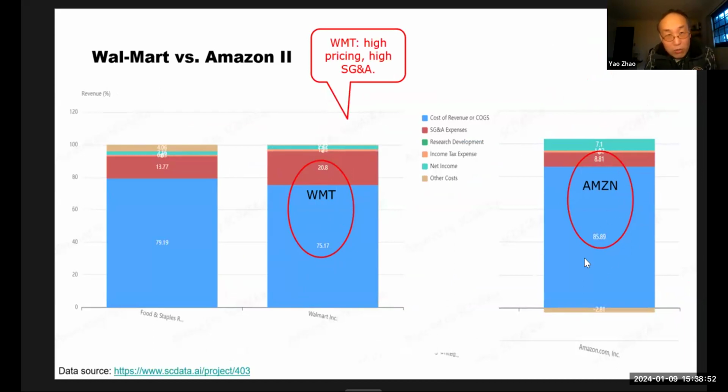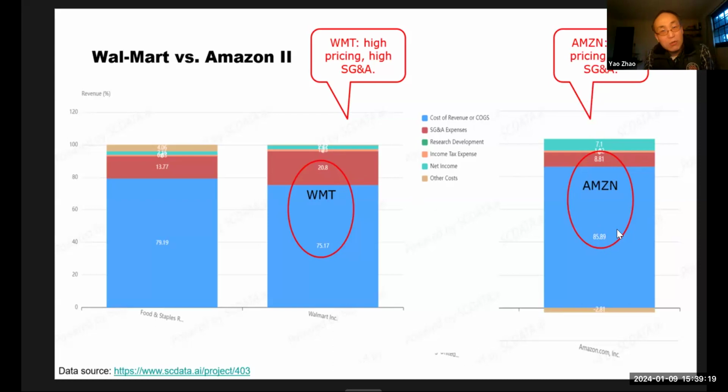The cost of goods sold accounts for about 85%, which means a much lower pricing, but it's operationally so efficient. The SG&A cost is only 8.8% versus Walmart's 20%. So it still makes more profit, 7.1%, than Walmart with a lower pricing.